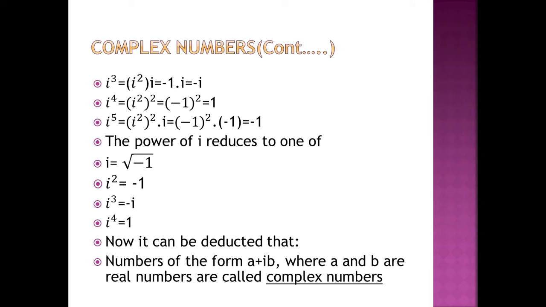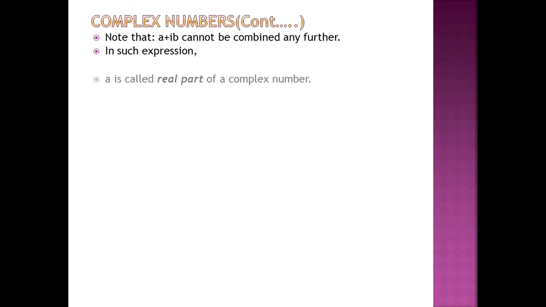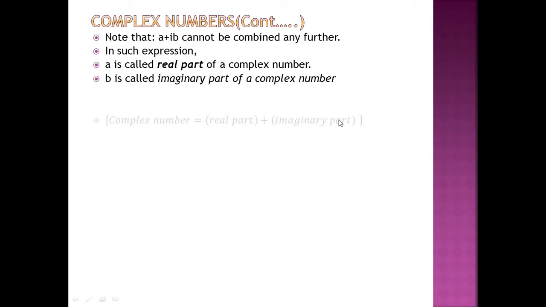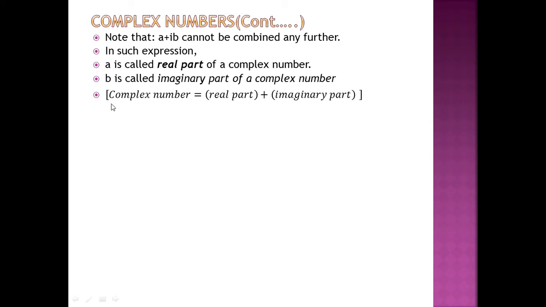Note that a plus ib cannot be combined any further. In such an expression, a is called the real part of a complex number, and b is called the imaginary part of a complex number. Therefore, a complex number is equal to the real part plus the imaginary part.